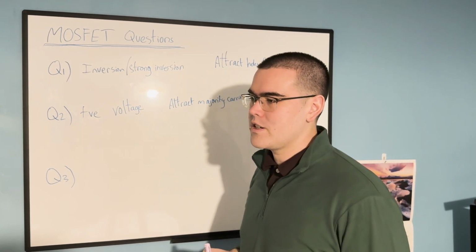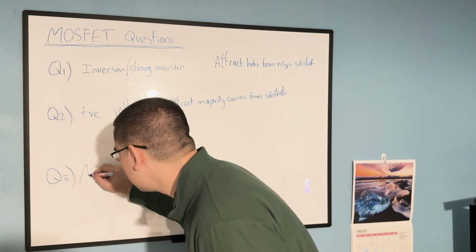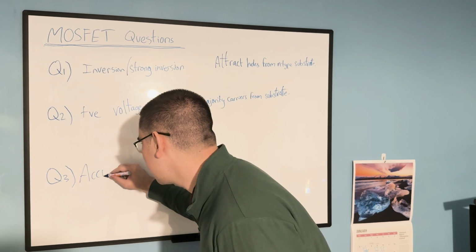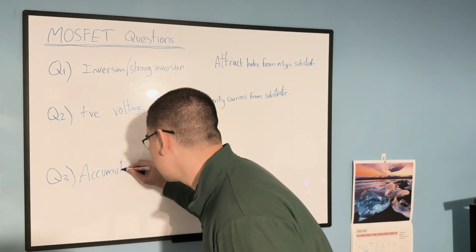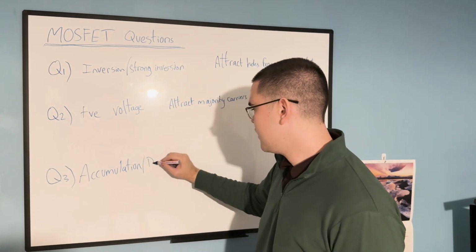And for question 3, what surface condition would we need to break the channel? Accumulation or depletion?